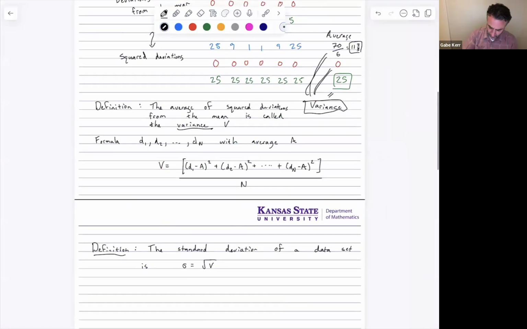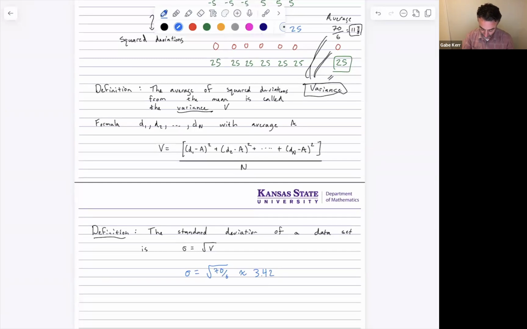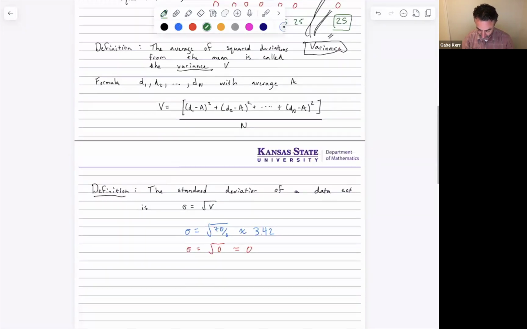So the blue sigma is given as the square root of 70 over 6, which is approximately 3.42. The standard deviation for the red data set is the square root of 0, which is on the nose equal to 0. And the standard deviation for the green set is the square root of 25, which is 5.